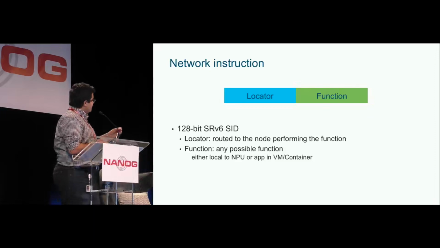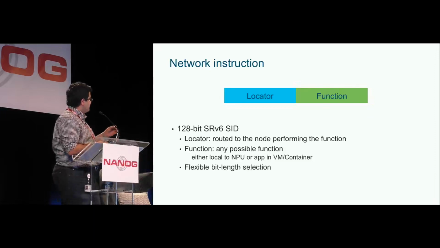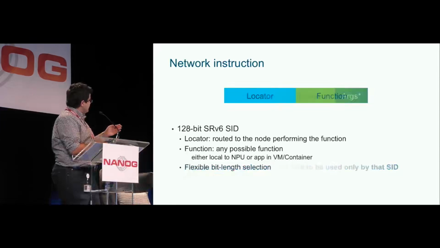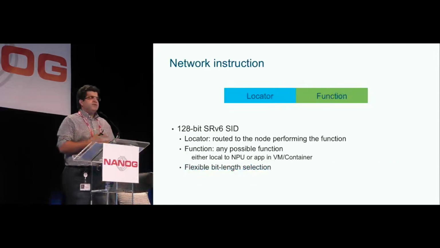Now let's say the first 64 bits can be used as network reachability. So how do you get to a particular node? You can do that using the first 64 bits. The rest of the 64 bits can be used as a function which is local to that particular node.